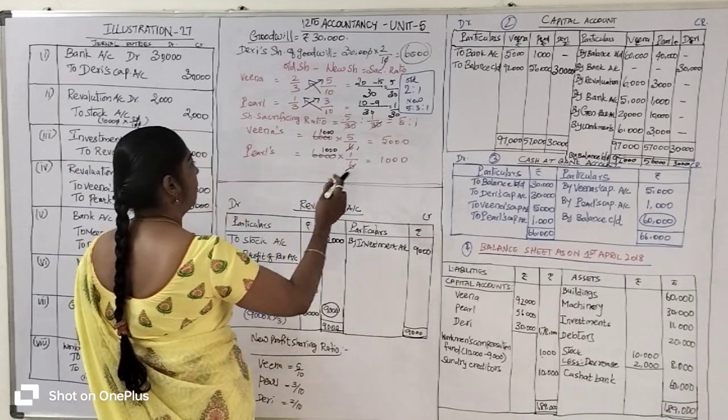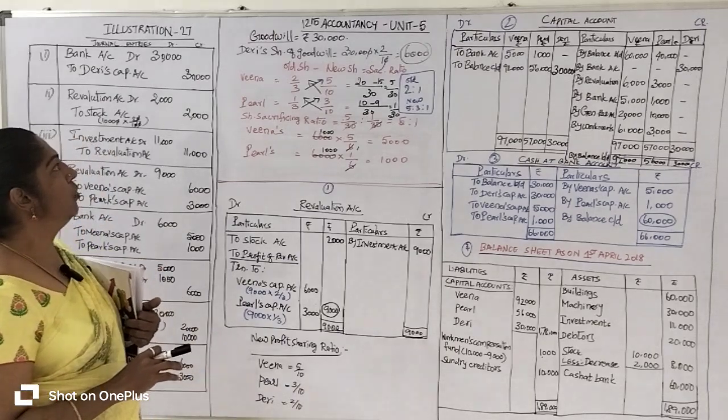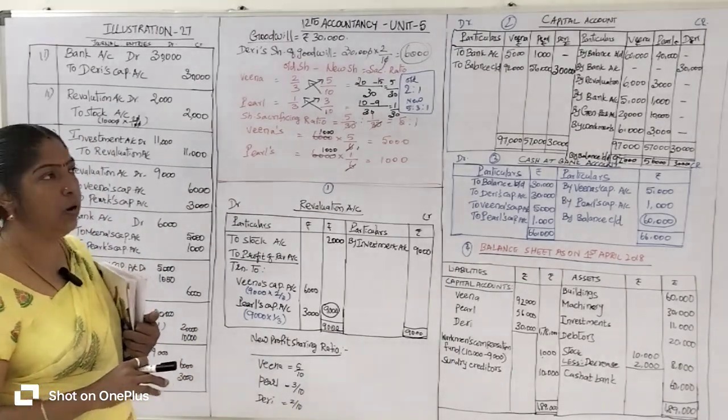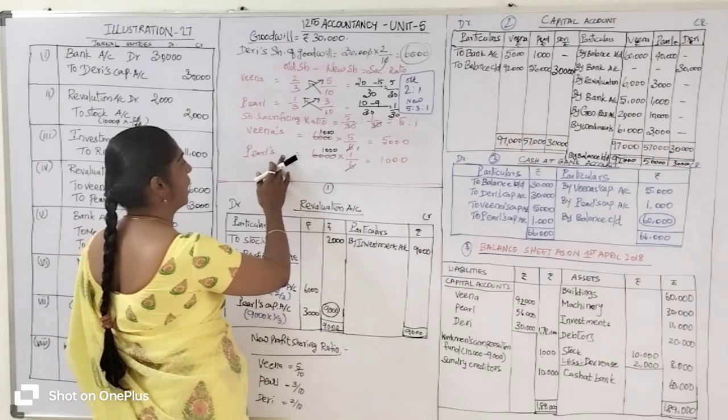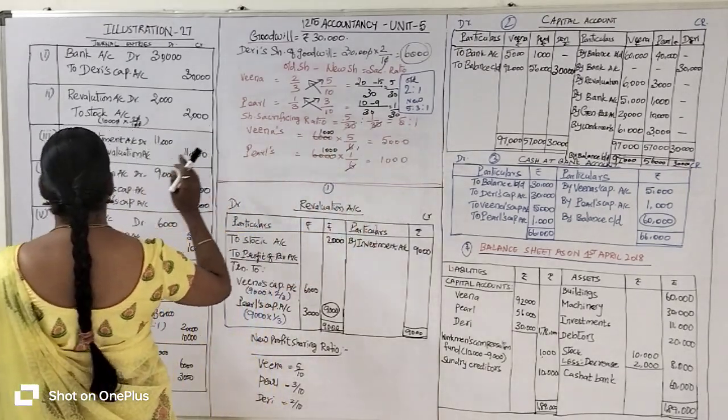So the new partner's share of goodwill goes to the old partners' capital accounts in their sacrificing ratio. So what is the journal entry?